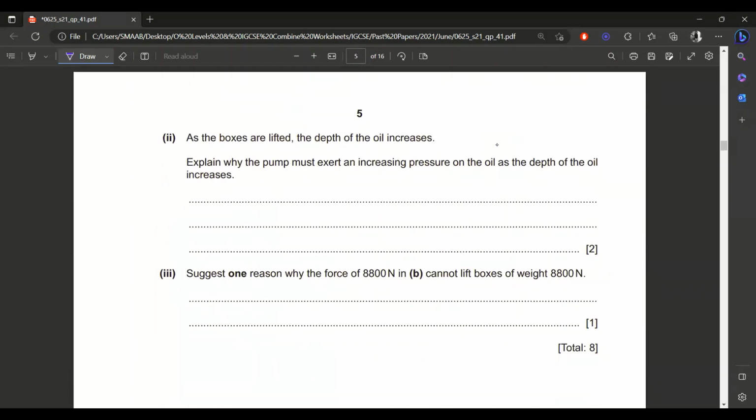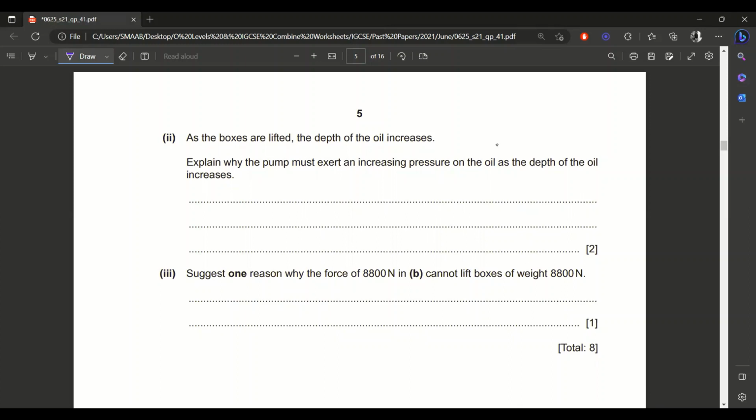And part 2. Because pressure is directly proportional to depth, okay, as the depth of the oil increases. So if the depth will increase, pressure will increase, or we can say that if we are talking about the liquid, pressure will increase with the increase in the depth. So they are asking explain why the pump must exert an increasing pressure on the oil as the depth of the oil increases.